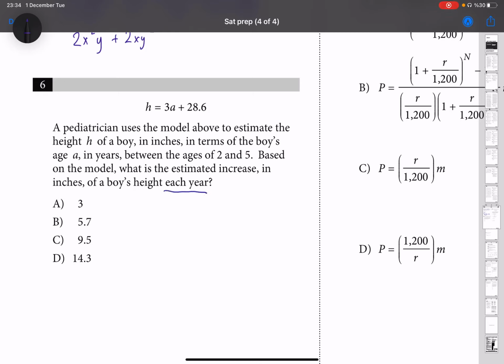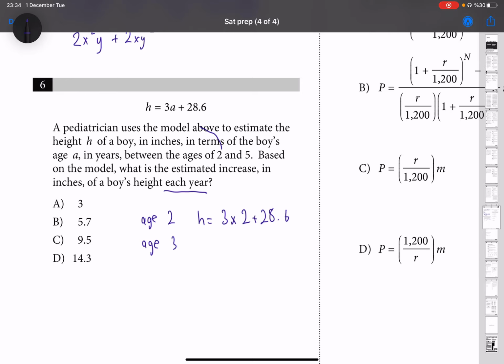Okay, let's try to understand this. At age 2, height is 3 times 2 plus 28.6.